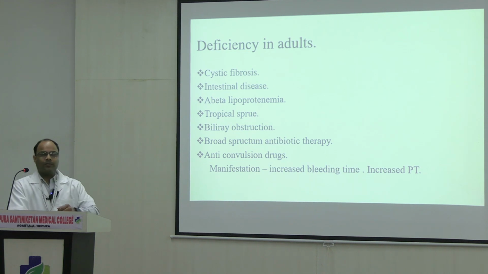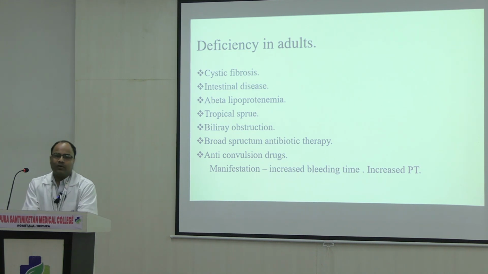Nowadays, when we prescribe a broad spectrum antibiotic, we often give probiotics, which are commercially available. Some patients can develop diarrhea after antibiotic therapy, so we can give probiotics. It will help to restore the intestinal flora. Understand?